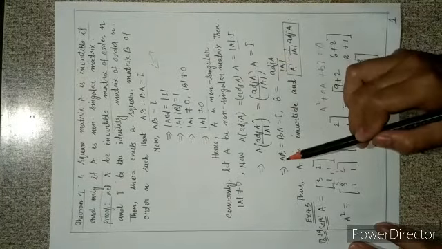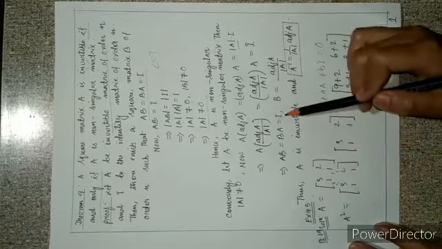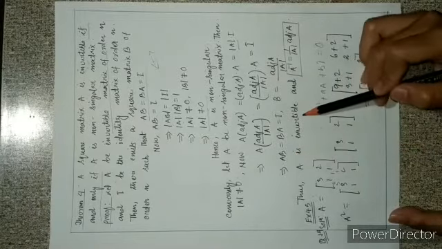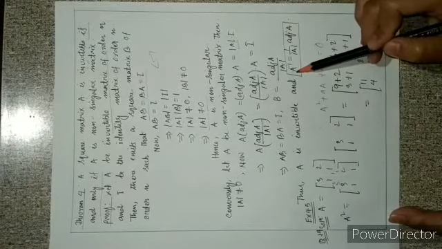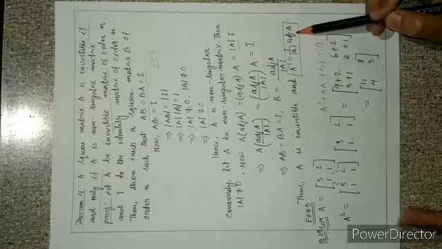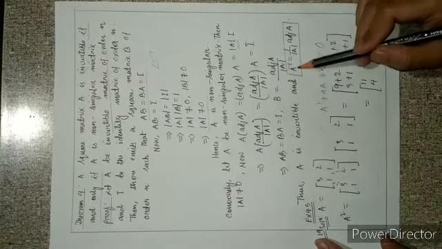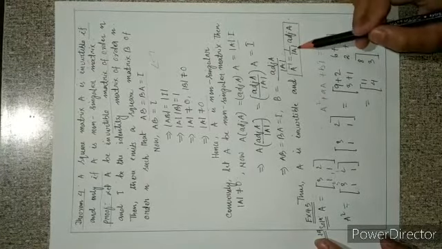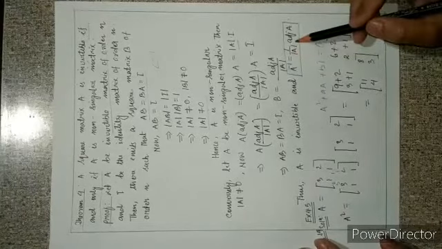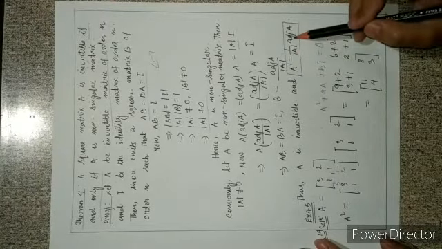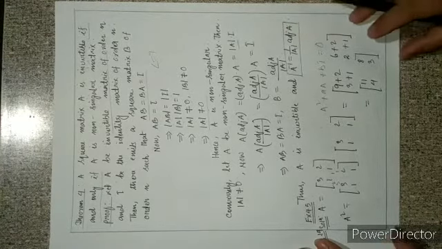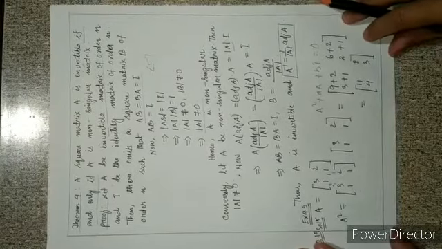Since the matrix B exists such that A and B multiply to give I, B is the inverse of A, which implies that A is invertible and its inverse is given by the formula 1 by determinant of A into adj A. This is the formula for the inverse of any square matrix, in this case where determinant of A is not equal to 0. This proves theorem number 4: a matrix is invertible if and only if its determinant is not 0, otherwise it is singular.